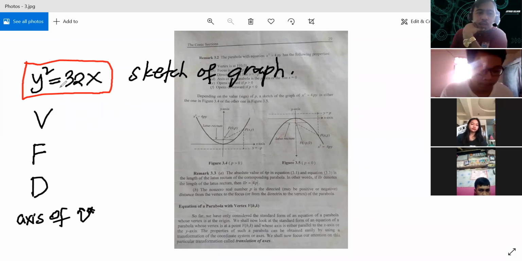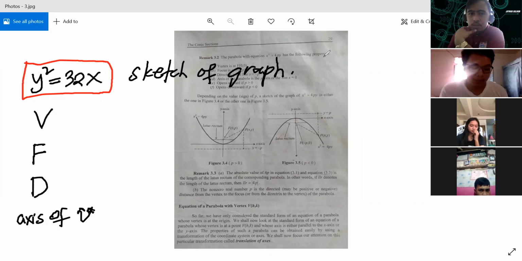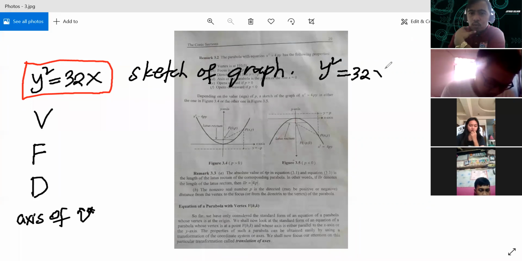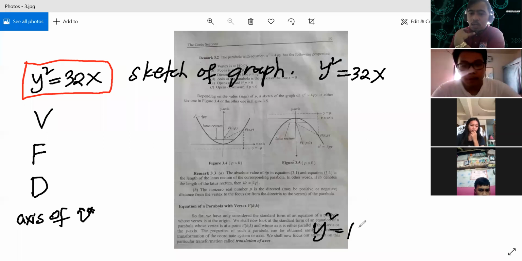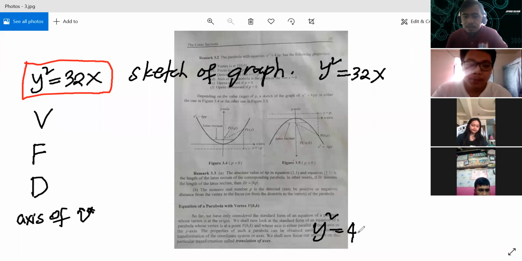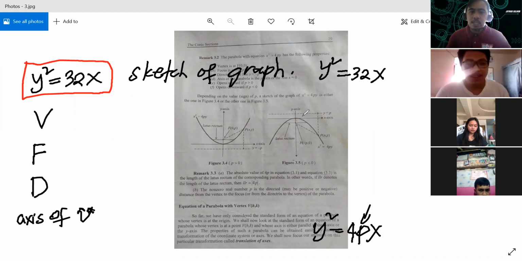Now, before going through that, you need to know what is your p. So this equation, y squared equal to 32x, should be written of the form y squared equal to 4px. So you should rewrite this into this form so that you will know what is your p. Because that is your objective.